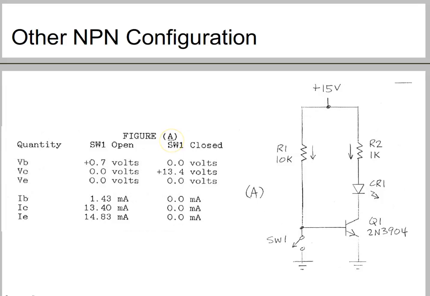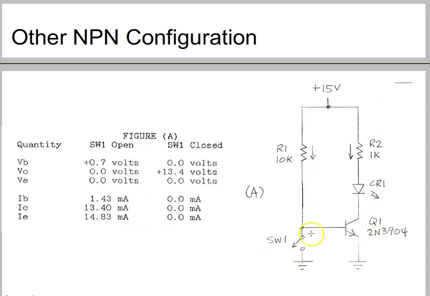So now let's move on to other PNP and NPN configurations. This particular configuration shows that you are using a 2N3904 silicon NPN transistor with a 15 volts DC supply, and this Q1 transistor turns on when the switch is open.